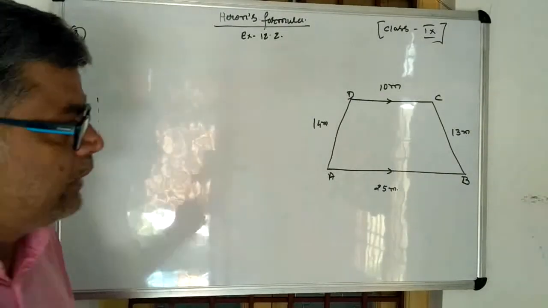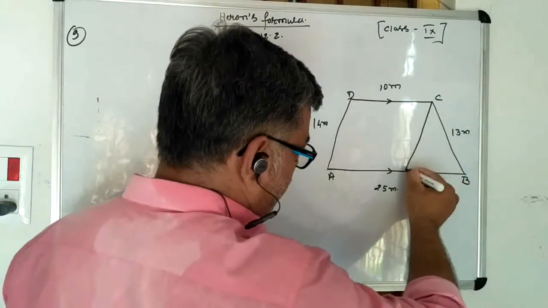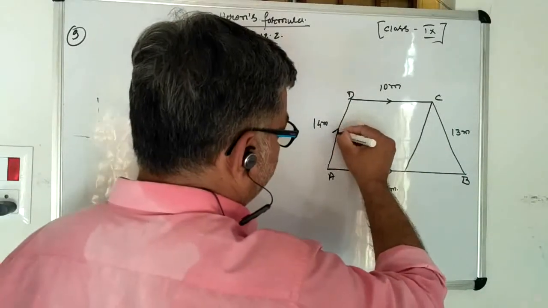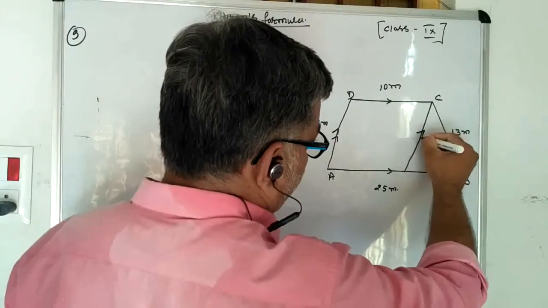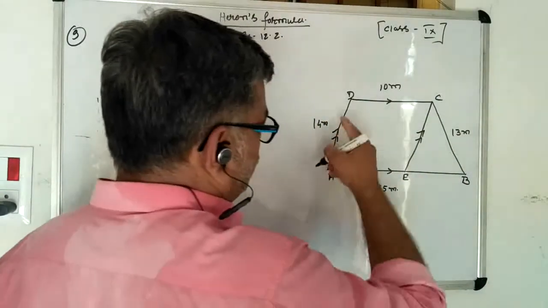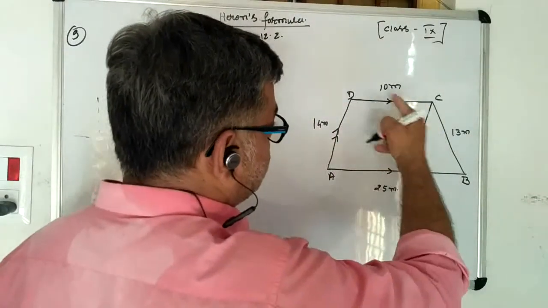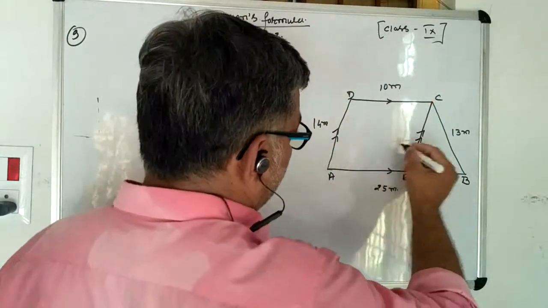What type of construction? Draw a line from C parallel to AD. Suppose it is E. So when AD is parallel to CE and AE is parallel to DC, then it becomes a parallelogram.